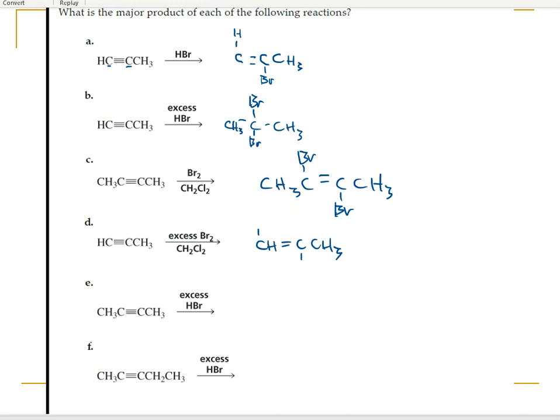Wherever they are, that's where they're going to end up being. All right, so I'm adding Br2, so Br on one, Br on the other. Then I need to do it again. It says excess, so I break another bond, and 2 more sites of attachment open up, and Br goes on one, and Br goes on the other. There you go, folks. That's all you've got to do.